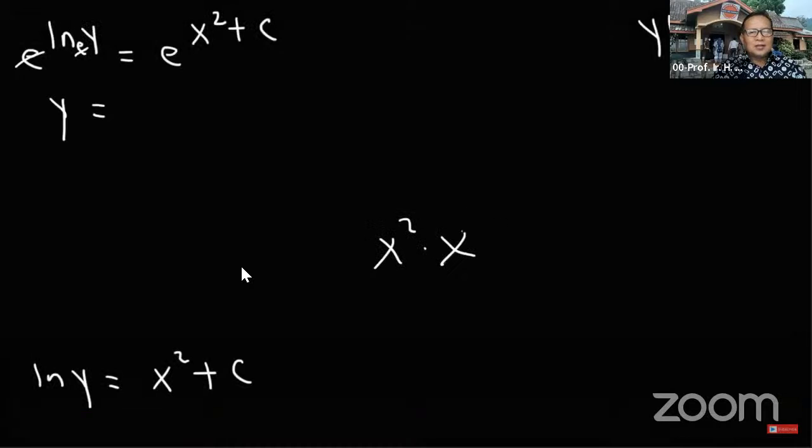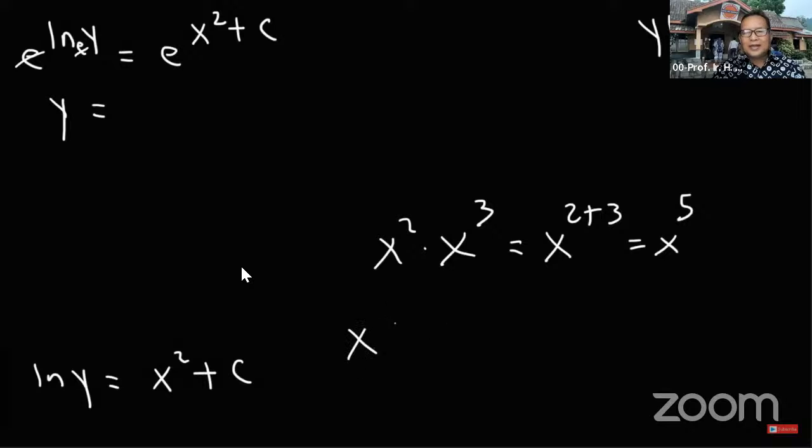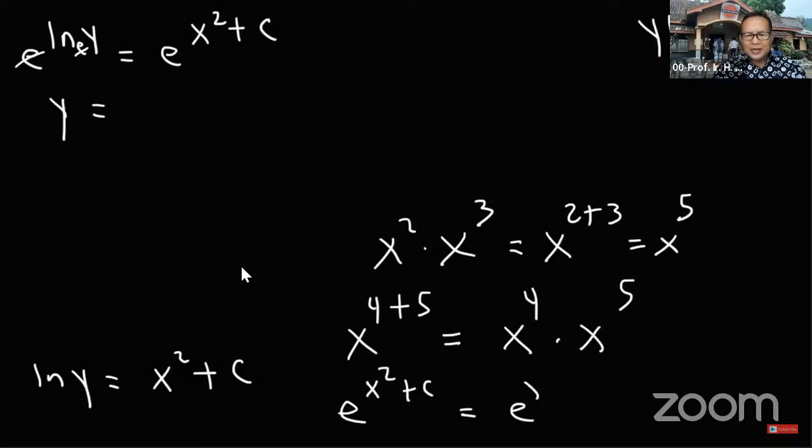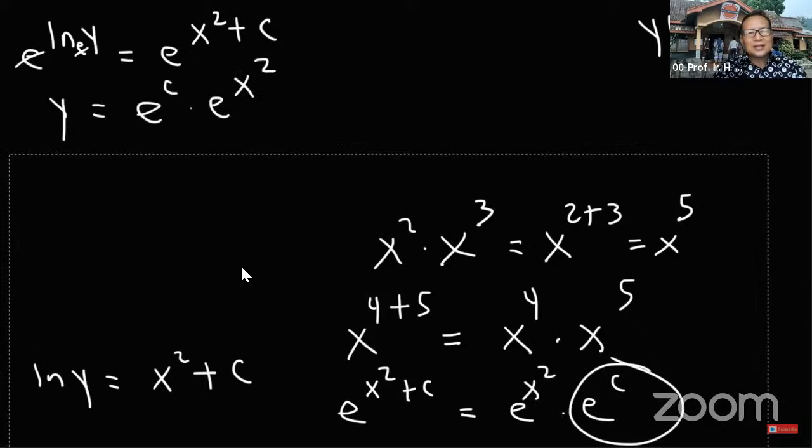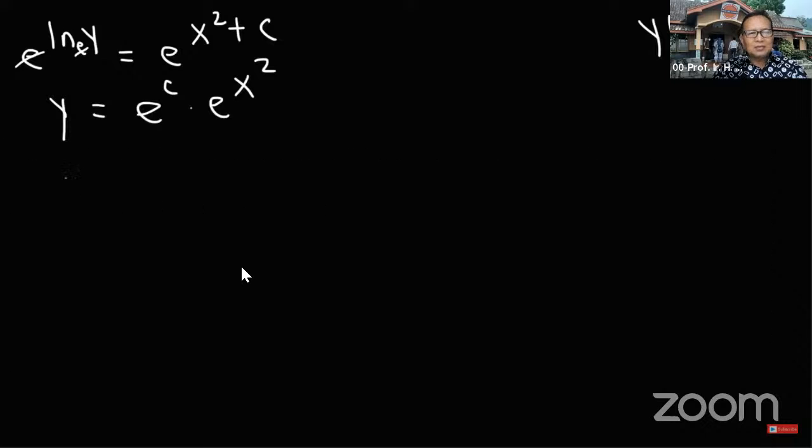If we have a power of 2 times x plus 3, it means e to the x squared plus c equals e to the x squared times e to the power c. Okay, so please focus on the target that we have to finish: to find c, the number c.